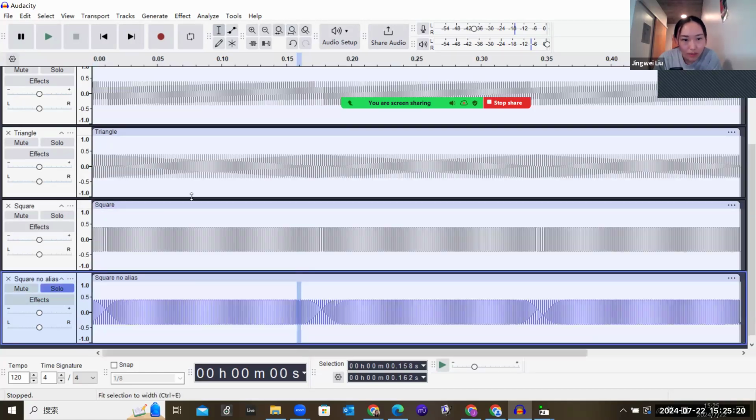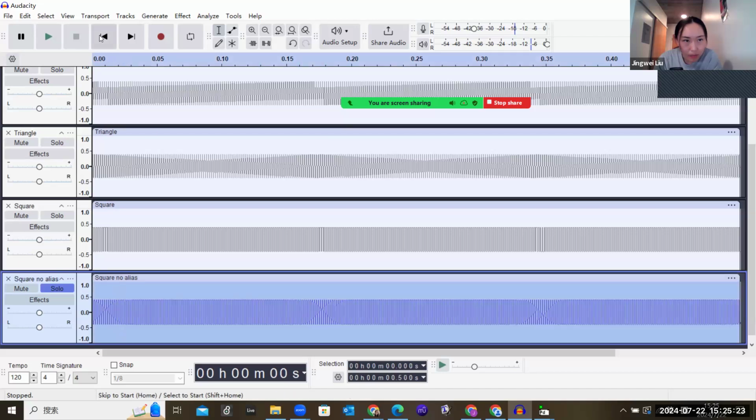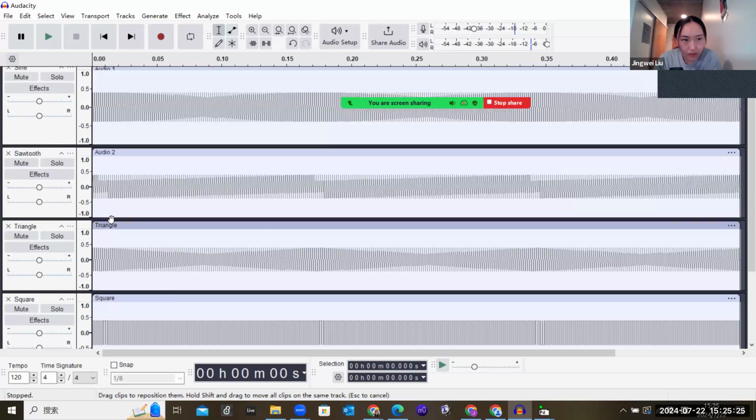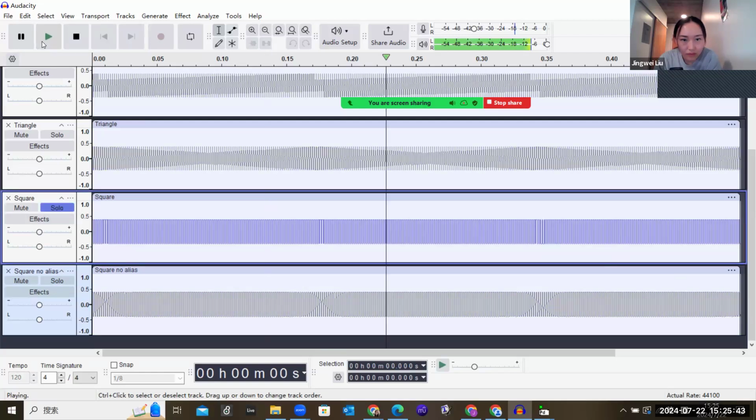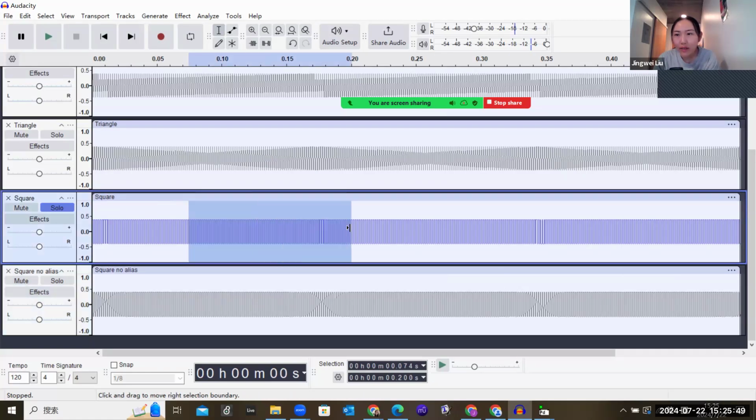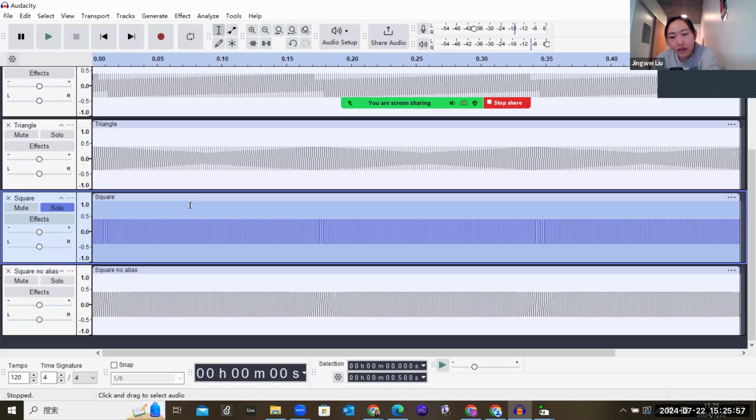We're going to do a comparative listening here. Okay, so this is square without alias. I don't know if it's clear or not. This square wave is actually much brighter, much harsher in terms of listening.